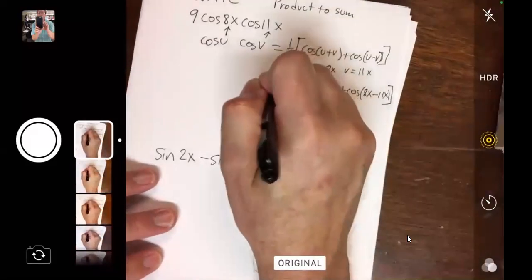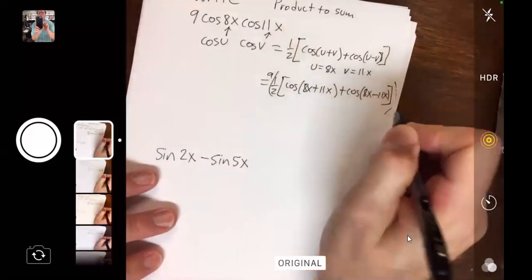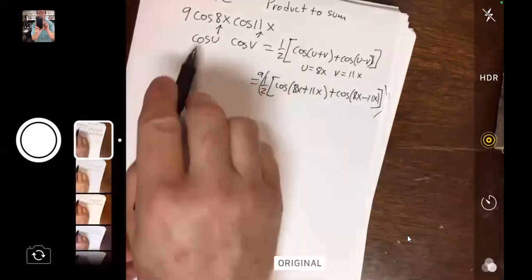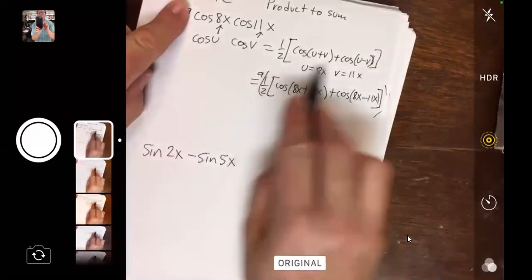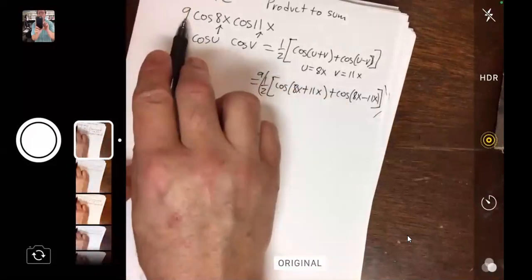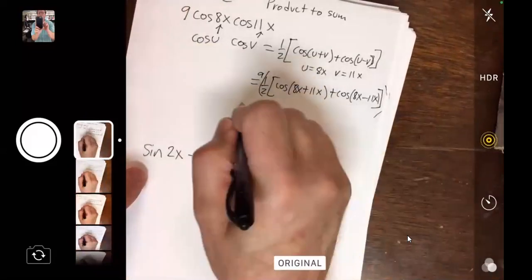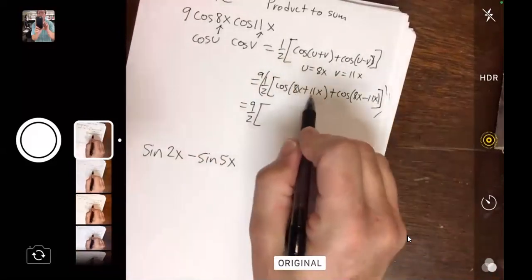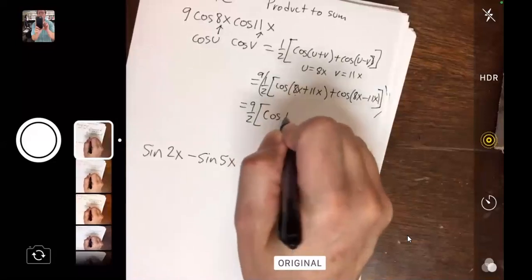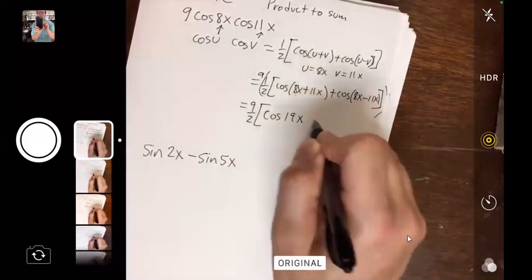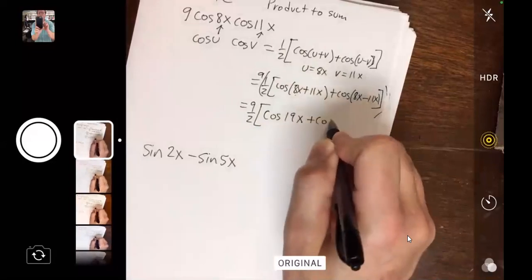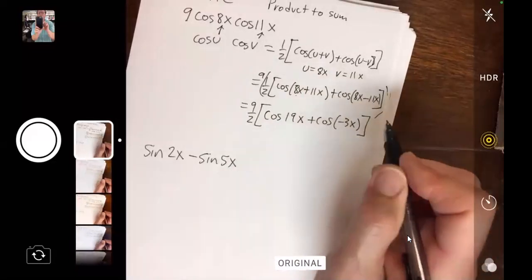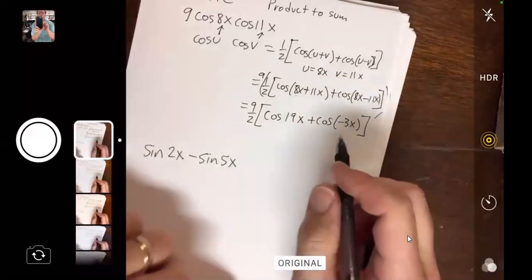There was a 9 coefficient, so there should be a 9 in front of all that. That makes 9 halves. 8x plus 11x is 19x, and 8x minus 11x is negative 3x. Now, the book or WebAssign probably won't like that.